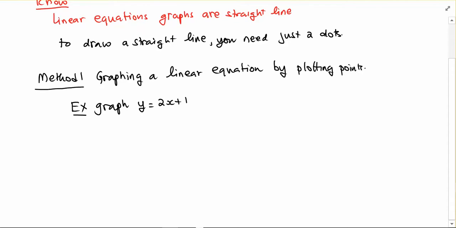So what do you do to graph? Let me write the steps down in a different color. I'm going to add steps as we go through the examples as they become more complex, but this first one is easy, right?